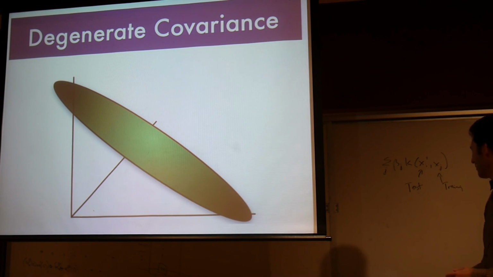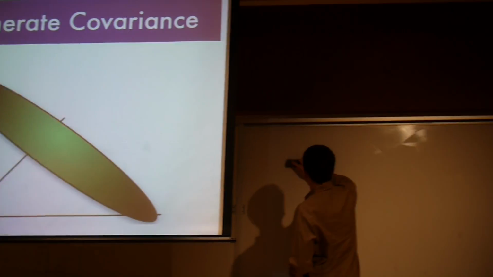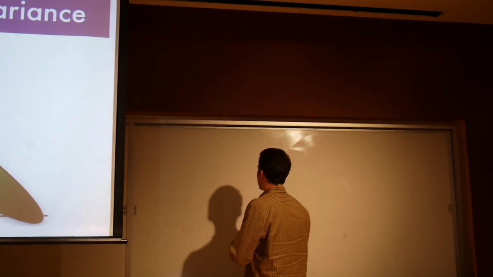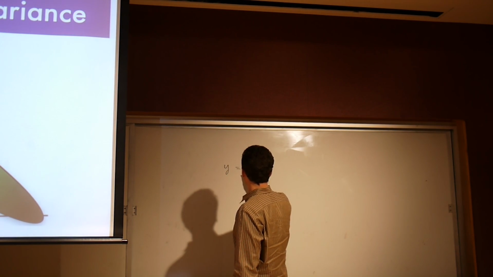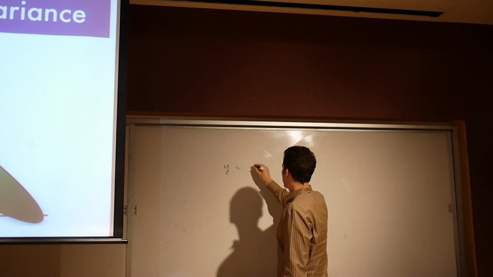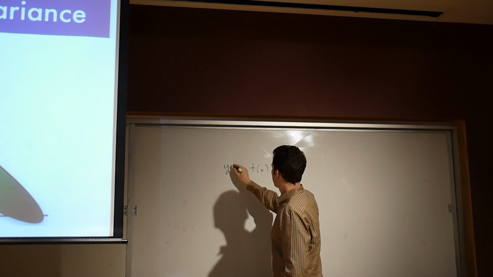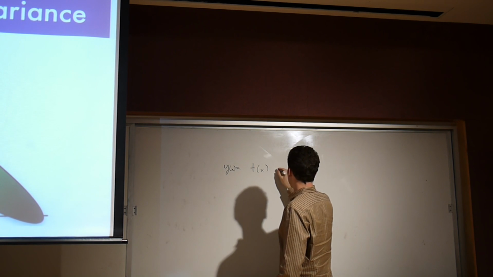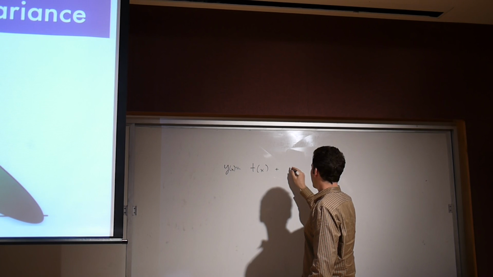Well, we add some noise to it. What I'm assuming is that I don't simply have y equals t of x, but I have this plus some noise.